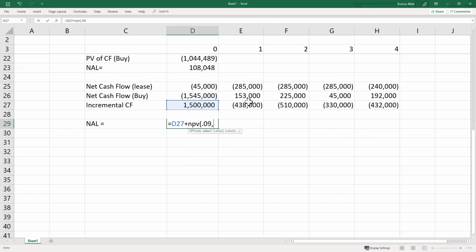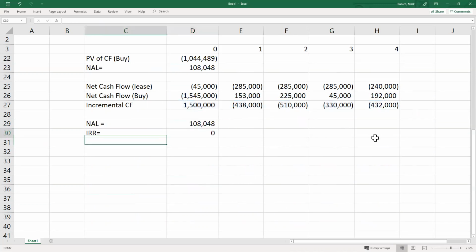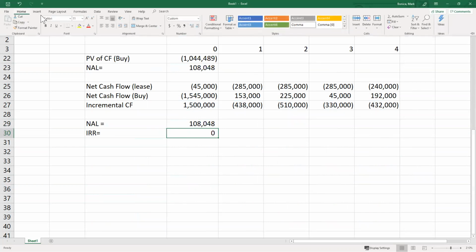Then I'm going to grab my out years. And as you can see, I get the same result as before. It's just a matter of order. But we do need this to do our IRR.